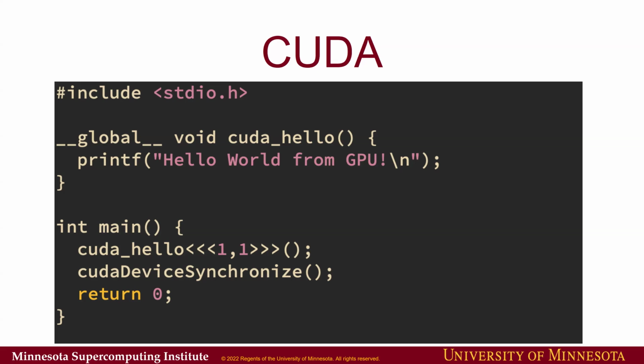The first number is the number of thread blocks. The second number is the number of threads per block. So the memory is arranged in these blocks of threads and then in threads themselves, almost like a 2D grid layout. And then at the end, it synchronizes and returns 0, just like a normal C++ or C program.